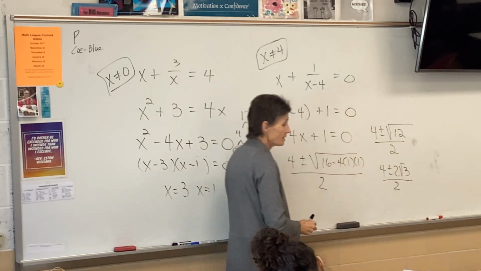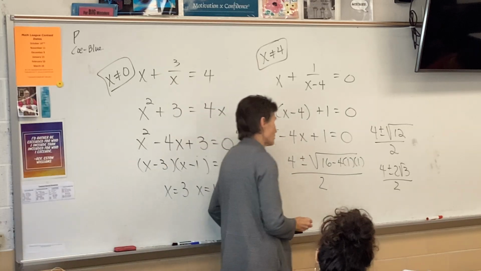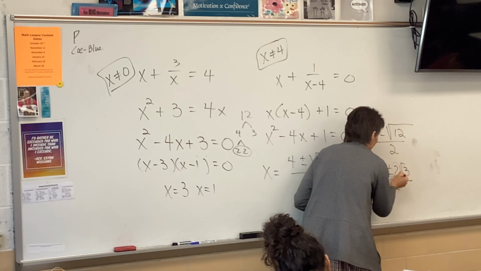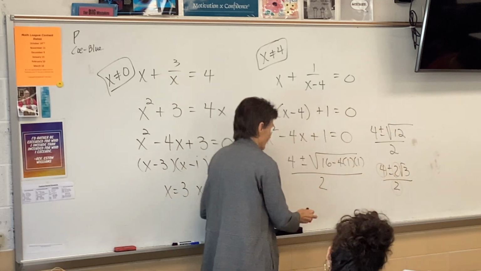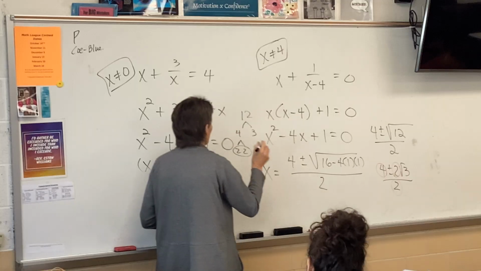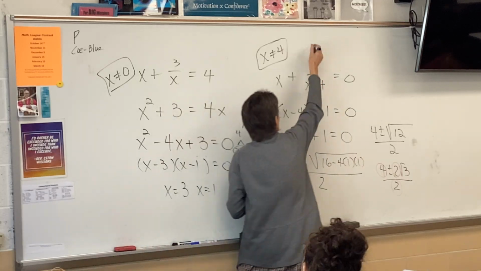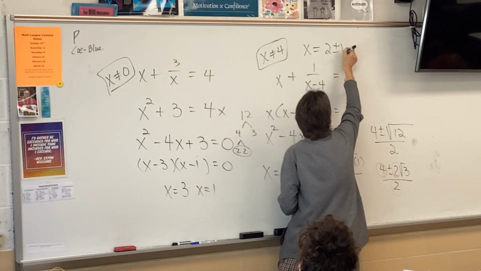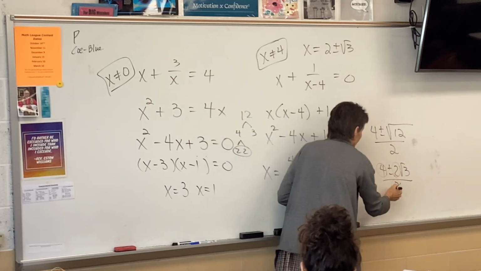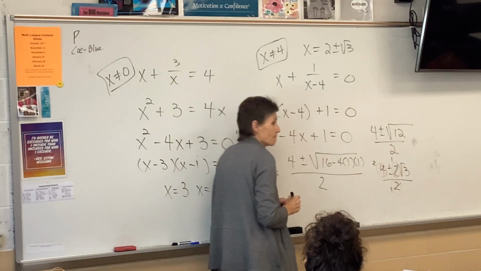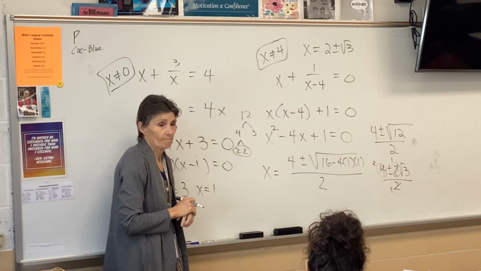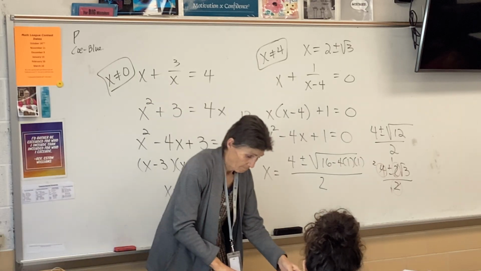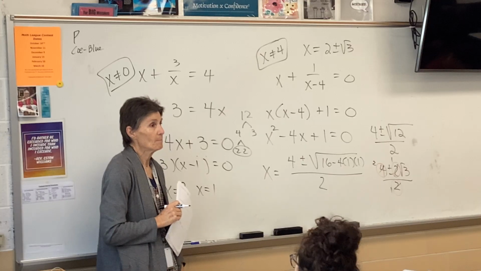And then I notice that I can cancel, only because I can cancel from all 3. So my actual answer is finally 2 plus or minus root 3. What do you think? You okay with that?